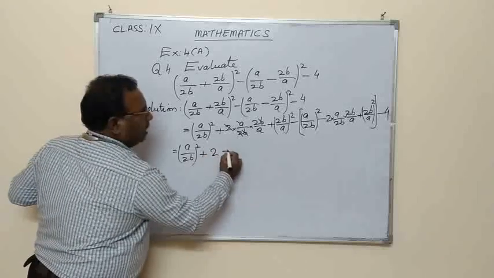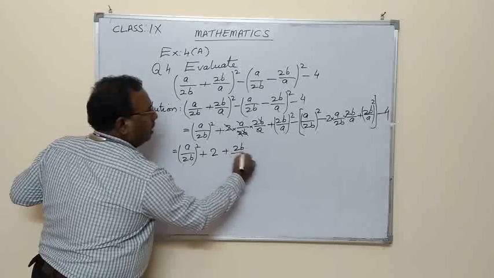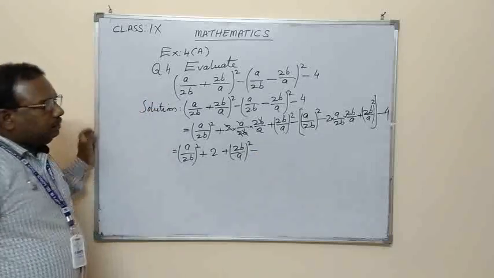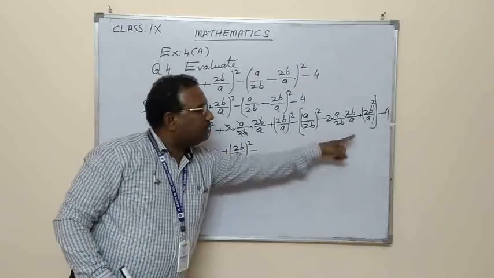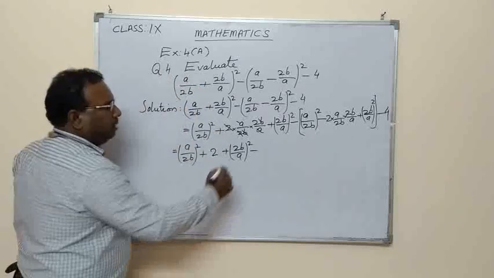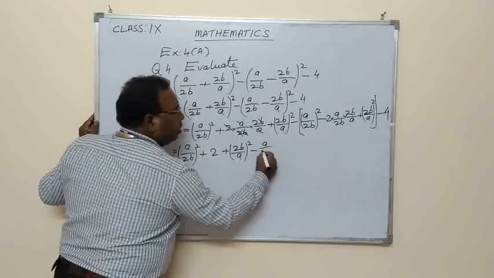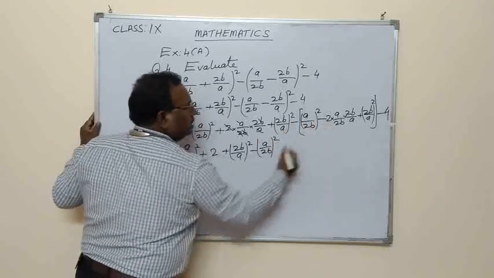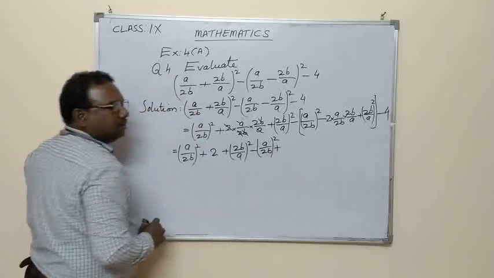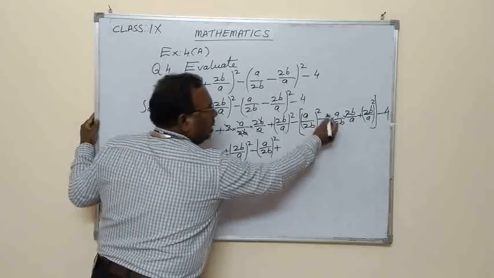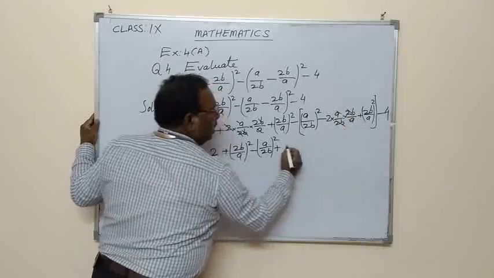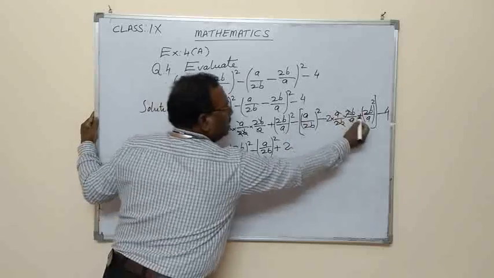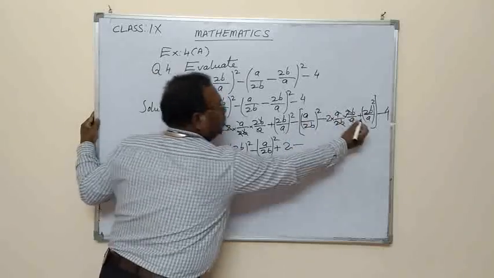Then again plus (2B by A) all square minus, after removing this big bracket, we get (A divided by 2B) all square, minus into minus is plus. Here also, after the cancellation, you get plus 2. Again, minus into plus, minus (2B by A) all square minus 4.